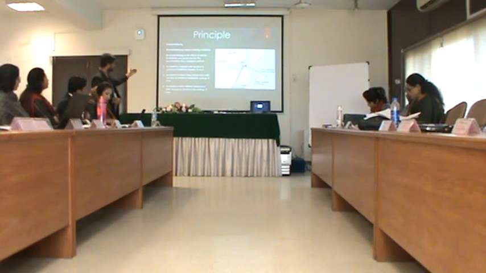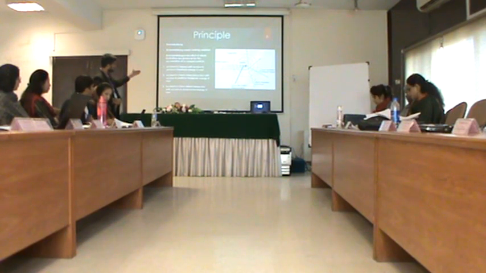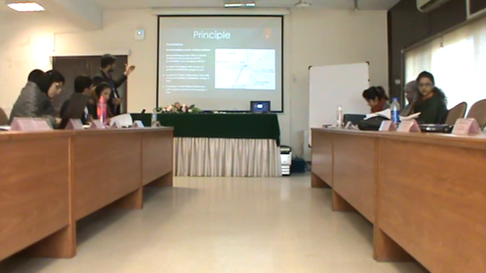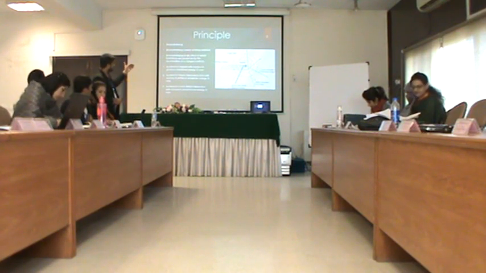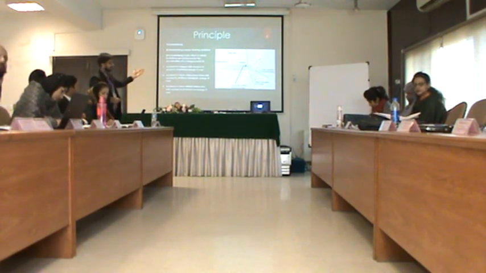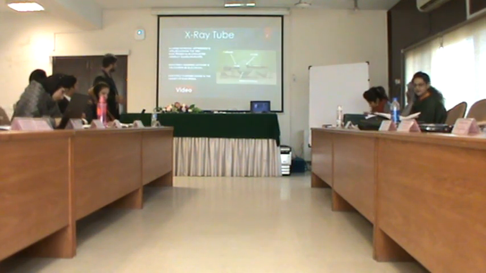In the second case, the interaction is very close, but it's not direct impact, so the energy emitted is relatively less. And in the third case, it has a very distant interaction with the nucleus, so the energy emitted is even less than the second case. So that's how these X-ray radiations are emitted.